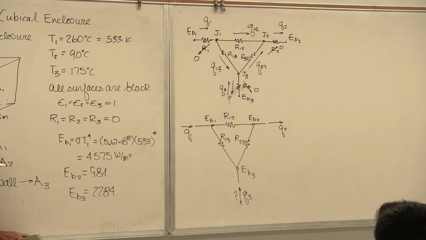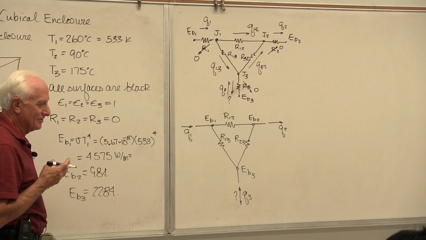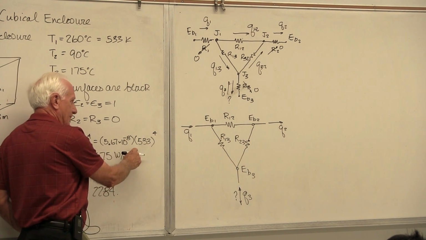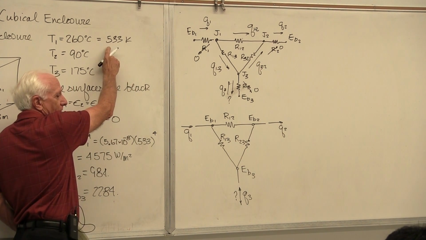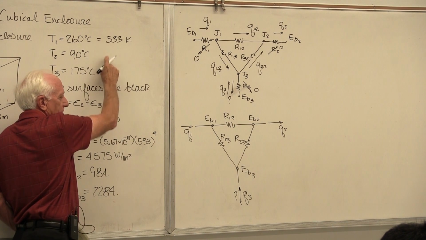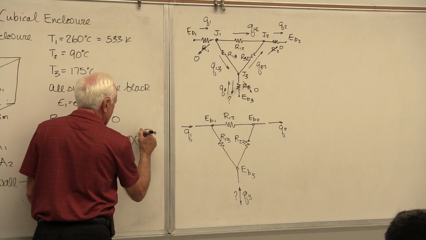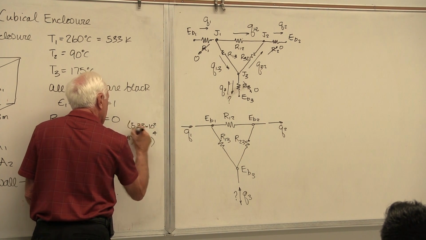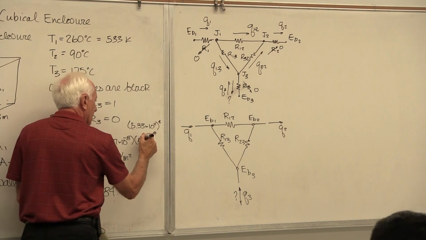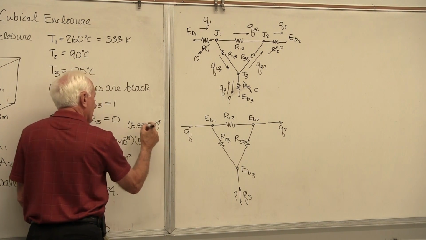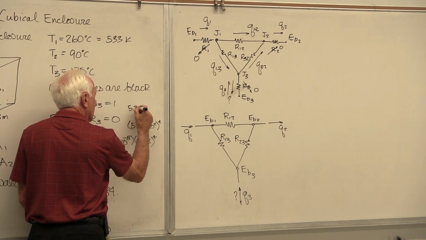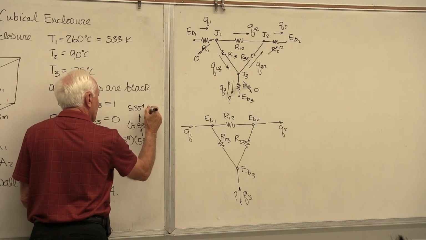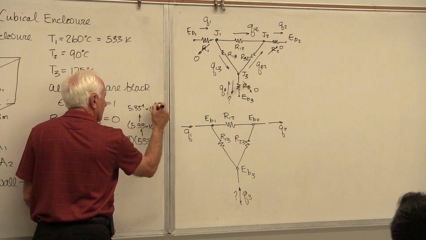When you're doing these calculations, you can kind of take a shortcut if it helps. It doesn't save a lot of time, but sometimes it saves you making some silly keyboard errors. Since these temperatures are always in the hundreds, because you add degrees C and 273, you make this 5.33 times 10 squared raised to the fourth. Then you make that 5.33 to the fourth times 10 squared raised to the fourth.